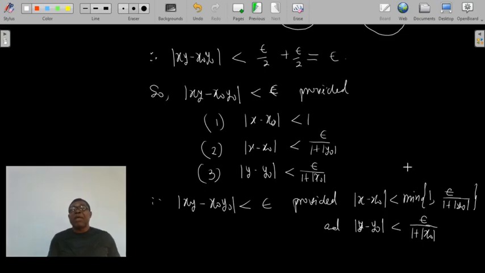So these are the required controls on absolute value of x minus x naught and absolute value of y minus y naught to make this happen.